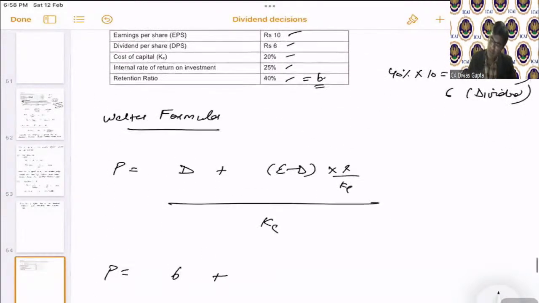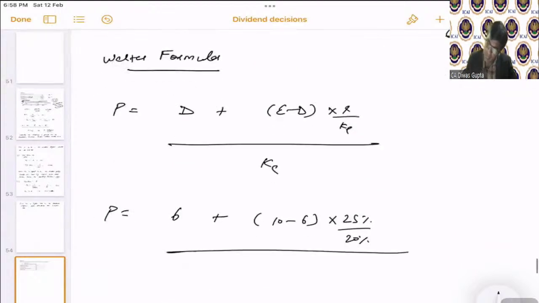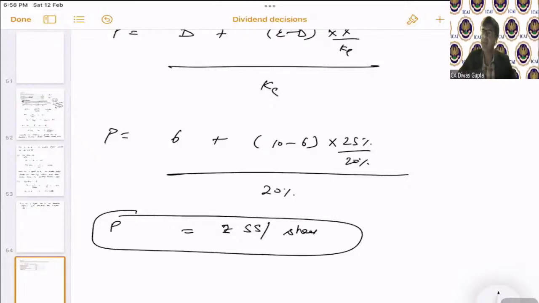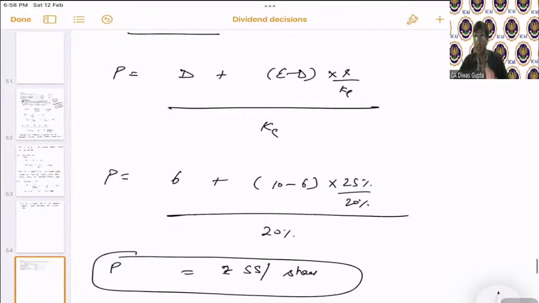So 6 plus 10 minus 6 multiplied by R, which is 25%, divided by 20%, whole divided by 20%. The value comes as price of 55 per share. Simple. Just we have applied the formula, calculated the numbers. That's all.